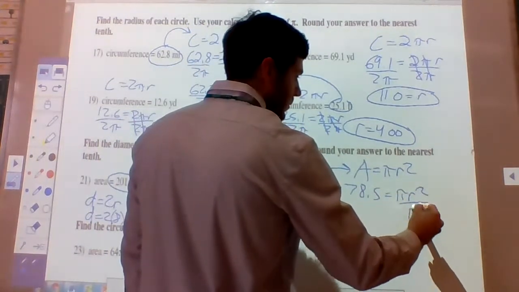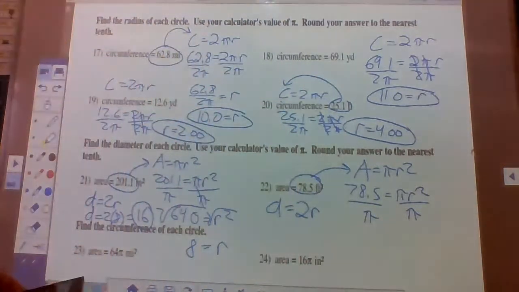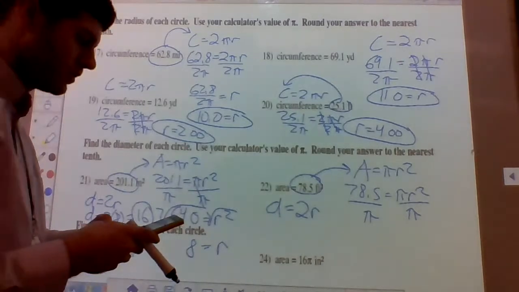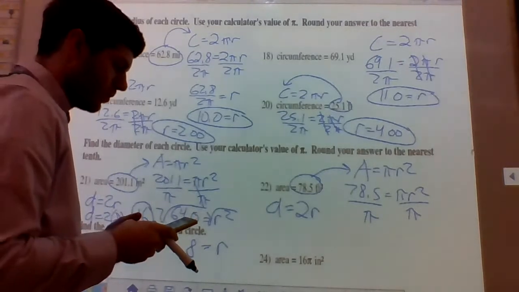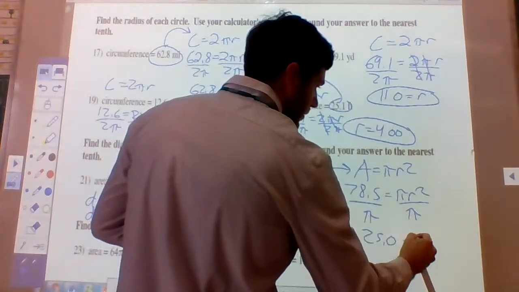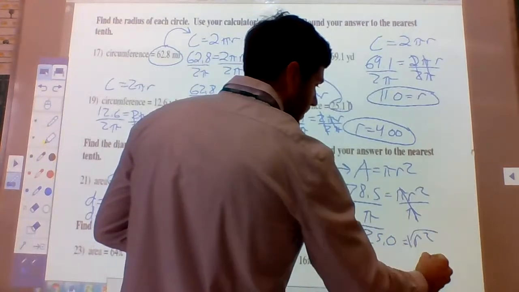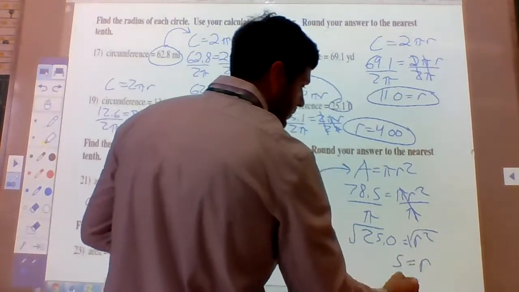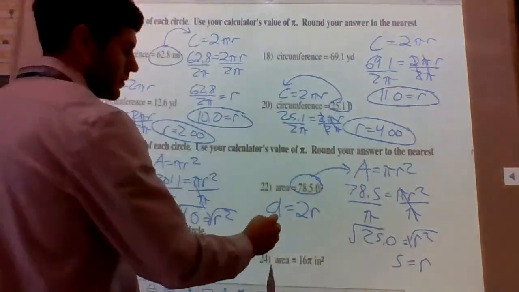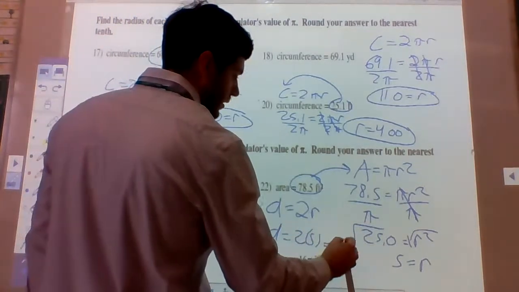We divide both sides by pi. 78.5 divided by pi is going to give us 25.0 equals r squared. So we take the square root of both sides. We get r equals 5. So our diameter is going to be 2 times 5, which is 10 feet.